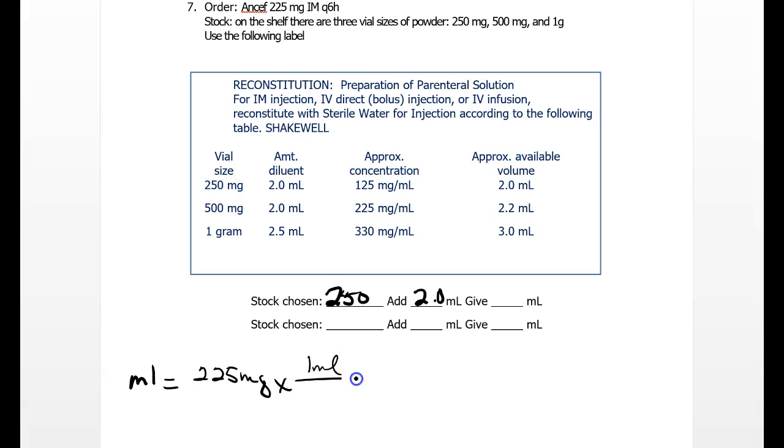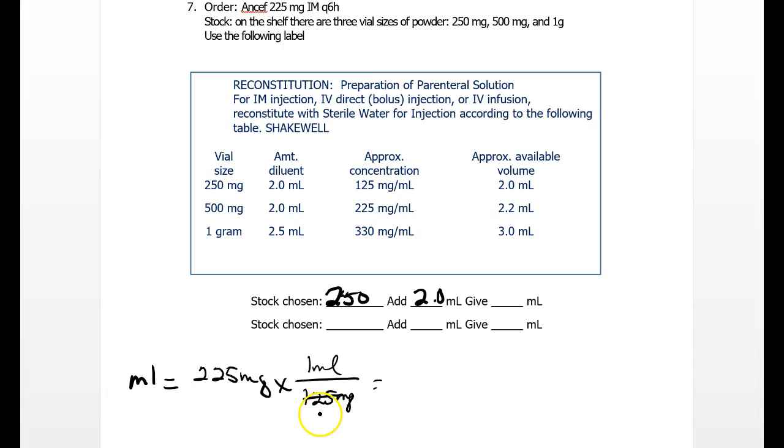So 1 mL is 125 milligrams. Can I reduce this down any farther? Yes, 25 will go into this.